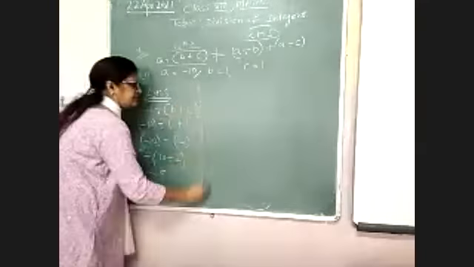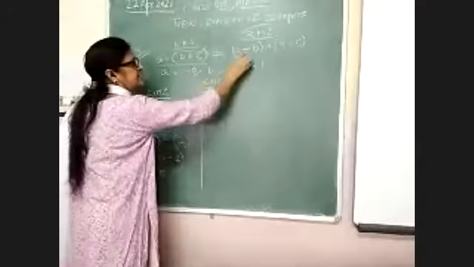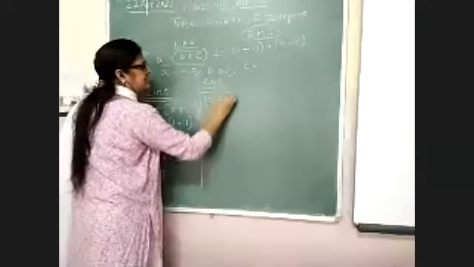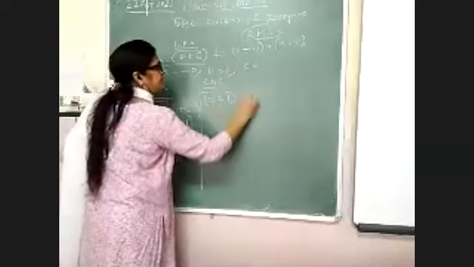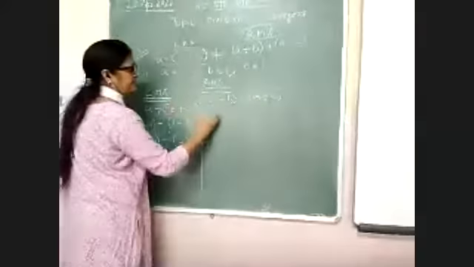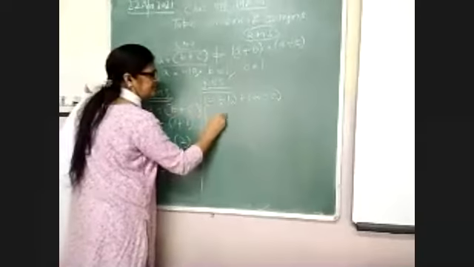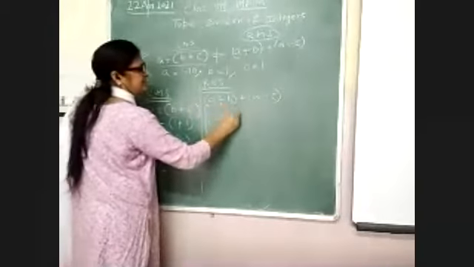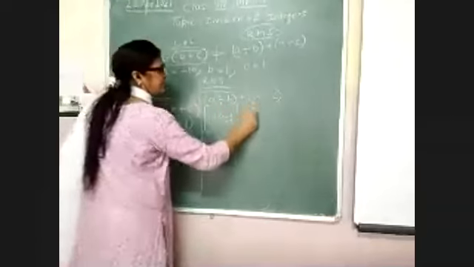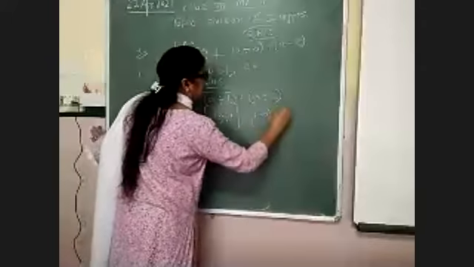This is your left hand side. And now take the right hand side. On the right hand side, A divided by B plus A divided by C. A is your minus 10 divided by B is 1. Now again A is your minus 10 and C is your plus 1.